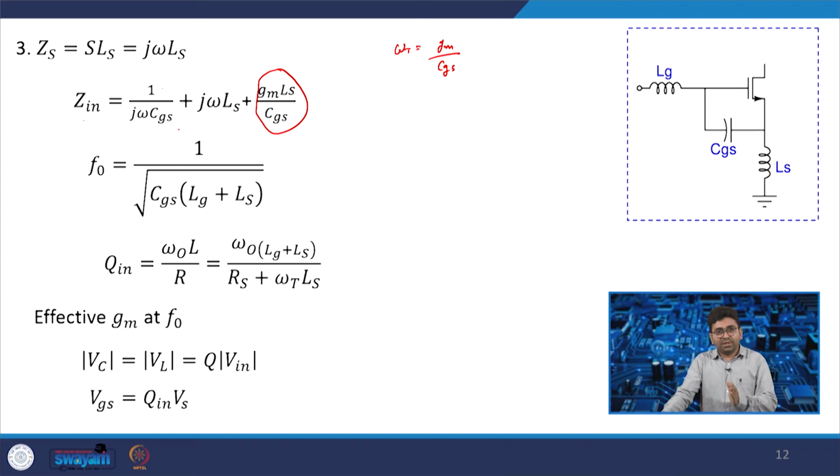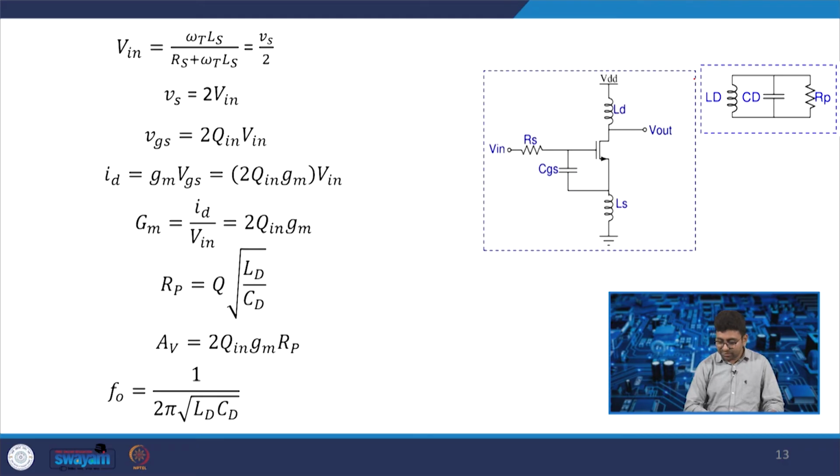So if we have a resonant circuit, we have an omega naught, f naught resonance frequency, which is given by 1 by root of CGS multiplied by Lg plus Ls, because there are two inductances here.